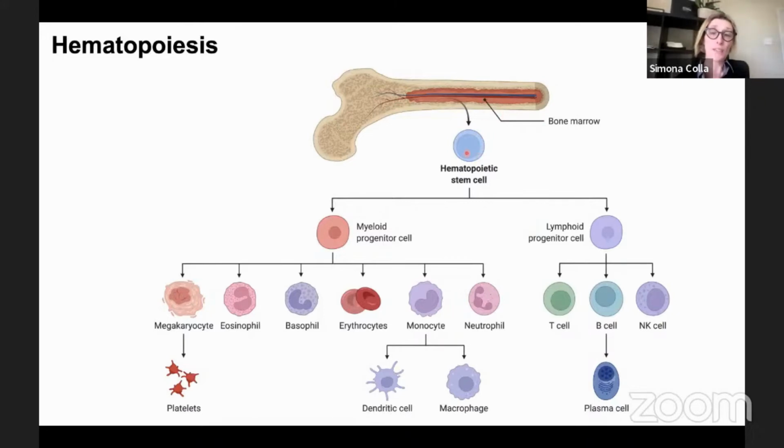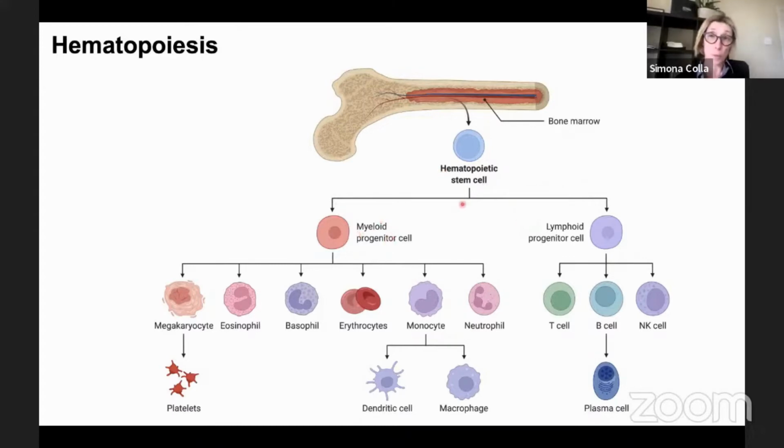This population gives rise to progenitor cells downstream, still in the stem and progenitor compartment, which can be myeloid or lymphoid. My lab works on myeloid disease. Myelodysplastic syndrome is a myeloid disease.